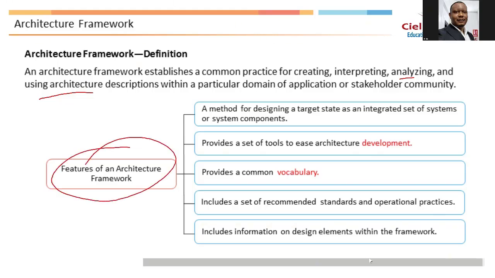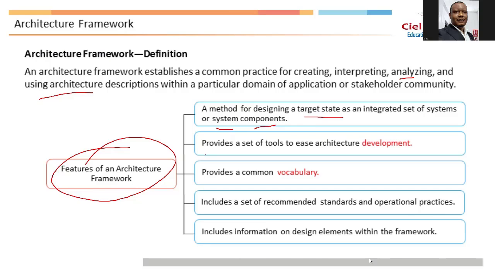One, it's a method for designing a target state as an integrated set of systems or system components. Simply put, architecture frameworks provide us a structured approach for designing systems in alignment with the organization's target goals. It will help us integrate different system components to create a cohesive, functional system. Let's say, for example, in an organization, the architecture framework can guide us as to how various applications like HR, finance, and CRM systems all work together to meet the organization's goals.